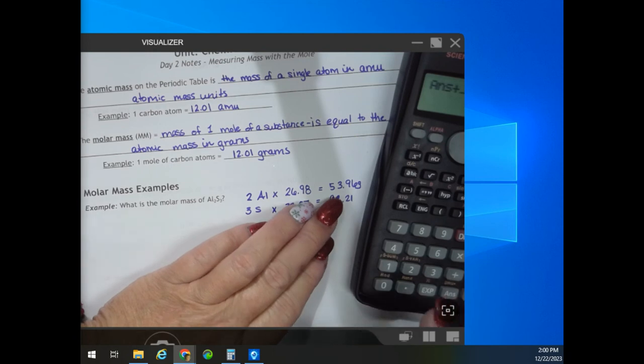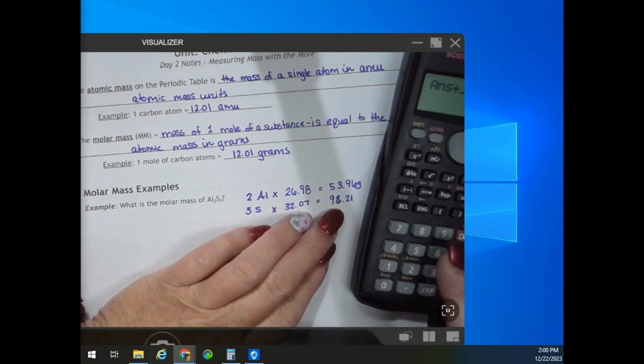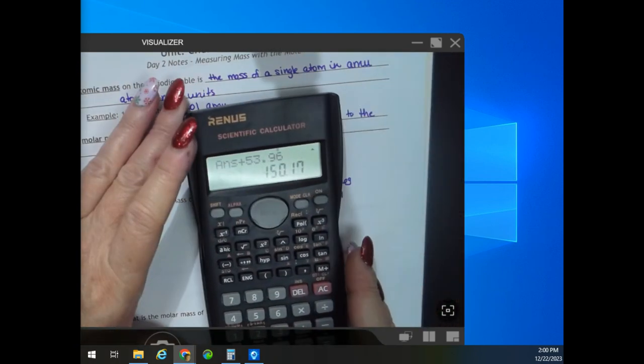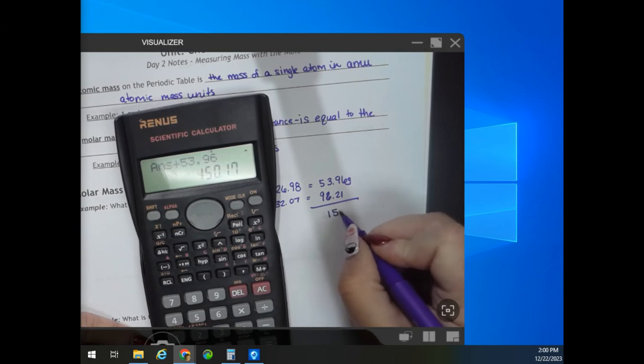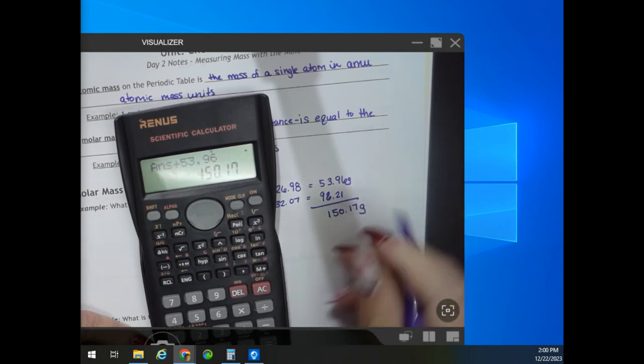And then I'm going to add those two numbers together. So 96.21 plus 53.96 grams gives me a total mass of 150.17 grams.